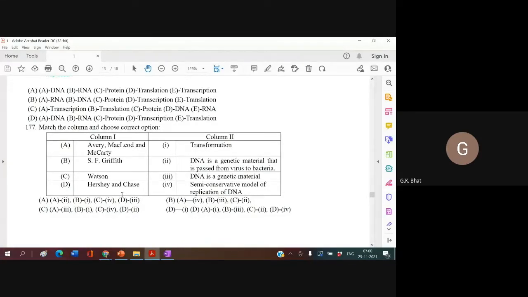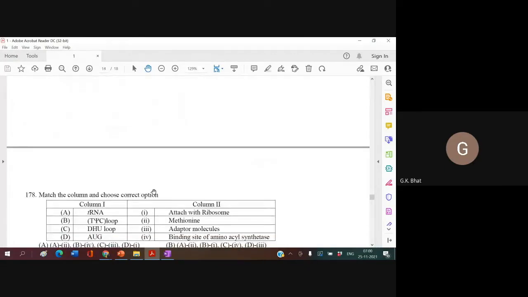Why so much time? I have told you, you must know which particular experiment is related to which individual. Option C. Right? Okay. 178.